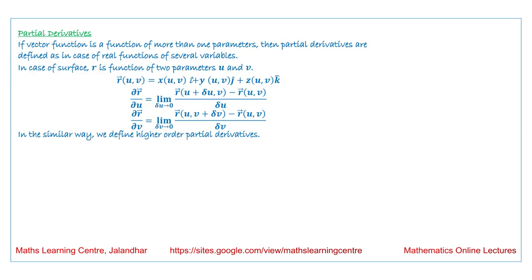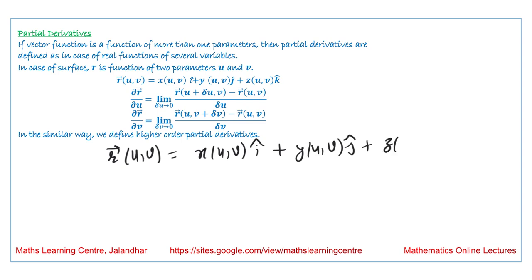Next is partial derivatives. We have a function r vector u comma v, equal to x of u comma v i cap plus y of u comma v j cap plus z of u comma v k cap.